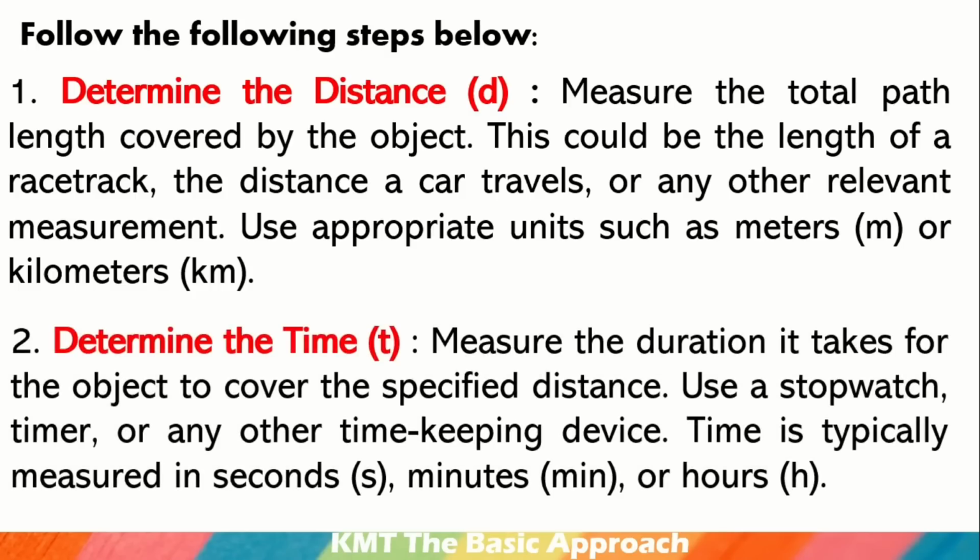Number 2. Determine the time. Measure the duration it takes for the object to cover the specified distance. Use a stopwatch, timer, or any other timekeeping device. Time is typically measured in seconds, minutes, or hours.